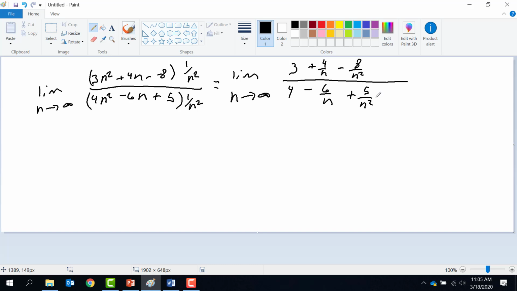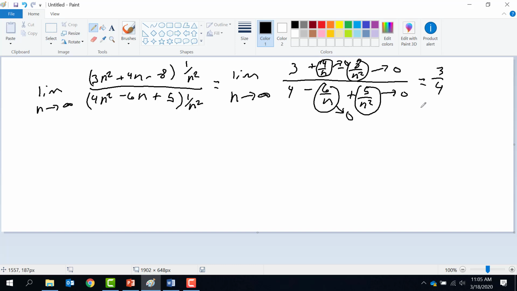And again, what's going on here is that everything with a variable in the denominator, because the variable is going off to positive infinity, would go to 0. So your limit would just be whatever's left, the 3 over the 4, and so your limit would be 3/4.